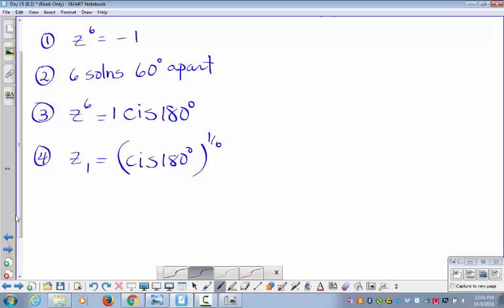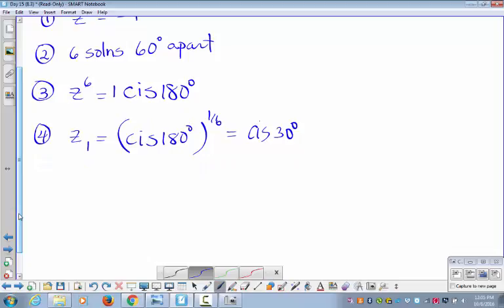So that's de Moivre's theorem with a fractional exponent. And the coefficient out in front is just a 1. So this is actually just going to simplify to how many degrees? We're going to take the 1/6 and multiply it by 180. So 180 divided by 6, right? So we end up with 30 degrees. So there's our first answer.